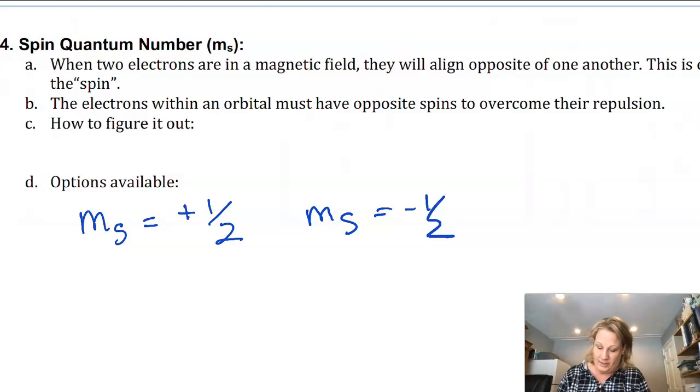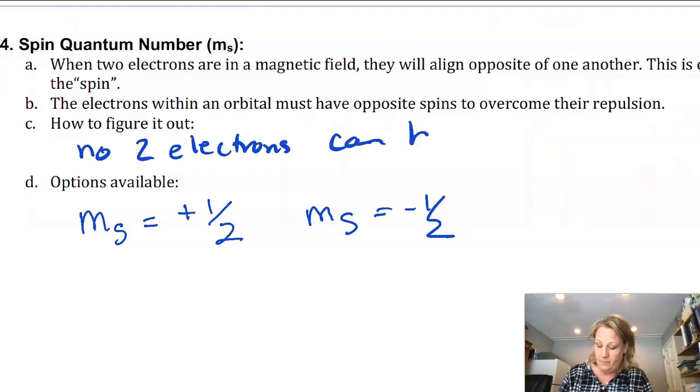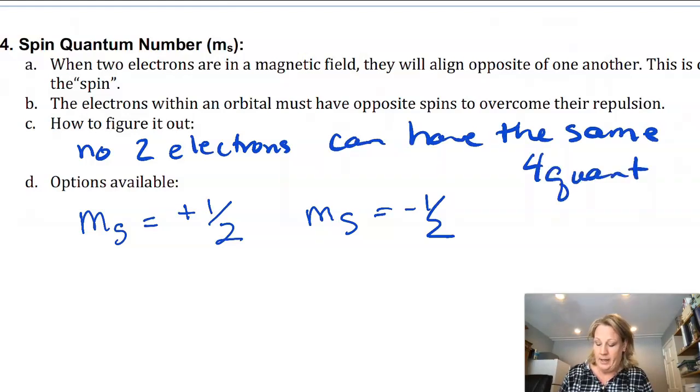Another thing is just to say that no 2 electrons can have the same 4 quantum numbers. So every electron has 4 quantum numbers that describe where it's at. So I will give you an example here.